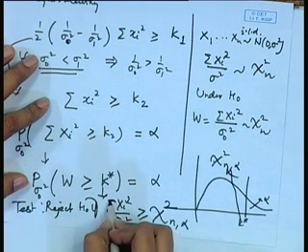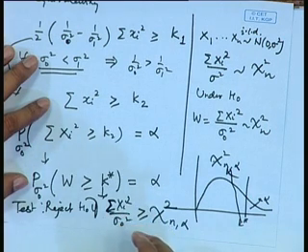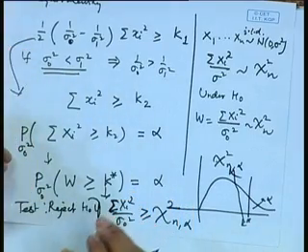Let us interpret this test here. We wanted to test whether the variance of a normal distribution is less or more, because sigma naught square we took to be less than sigma 1 square. Now, when the mean is taken to be 0, sigma x_i square by n is an estimator.